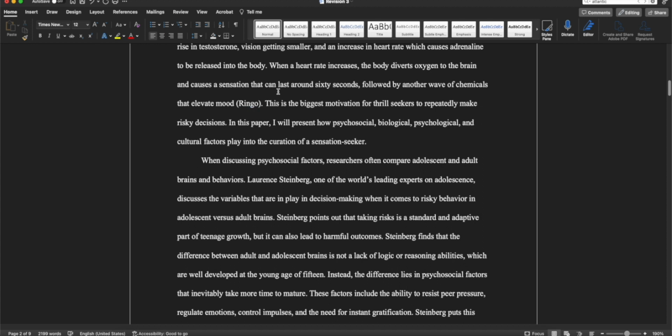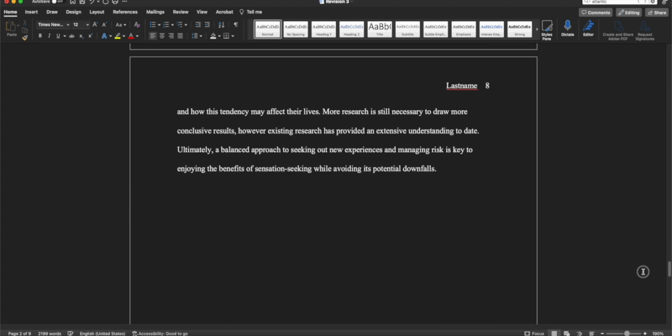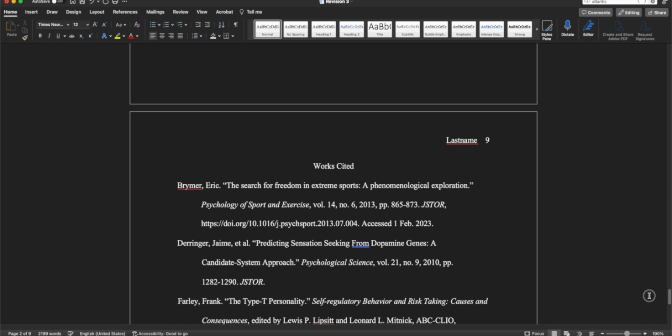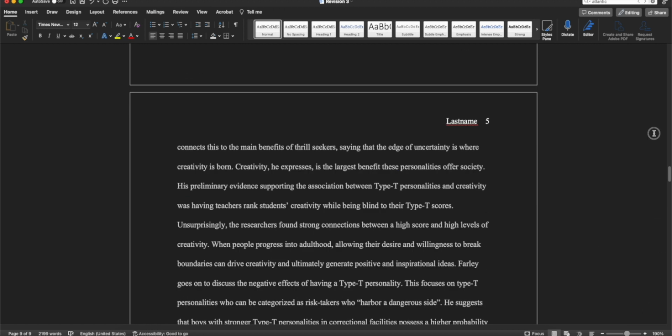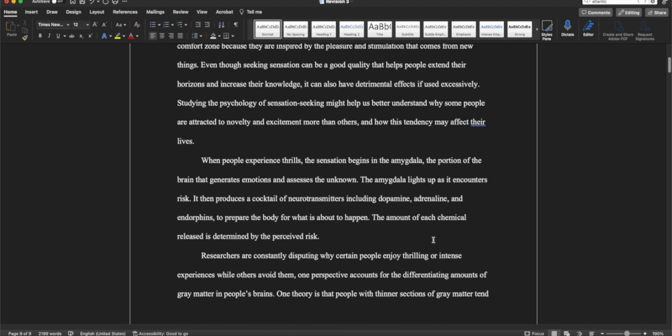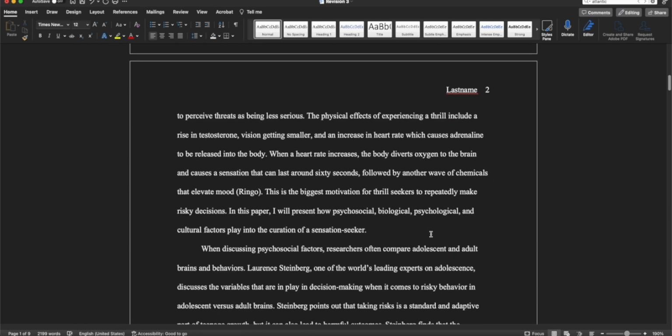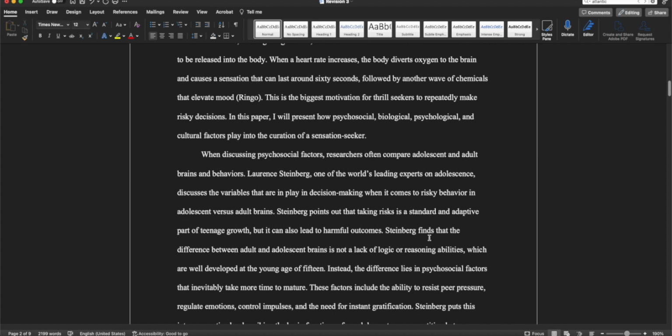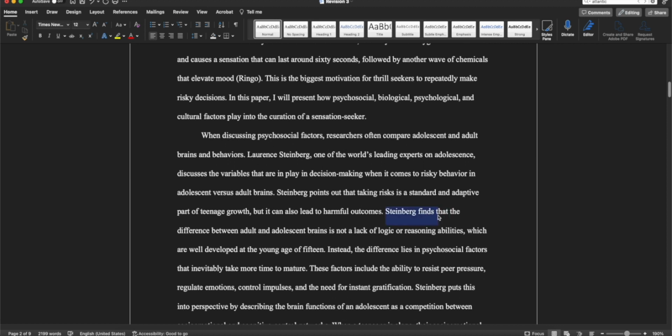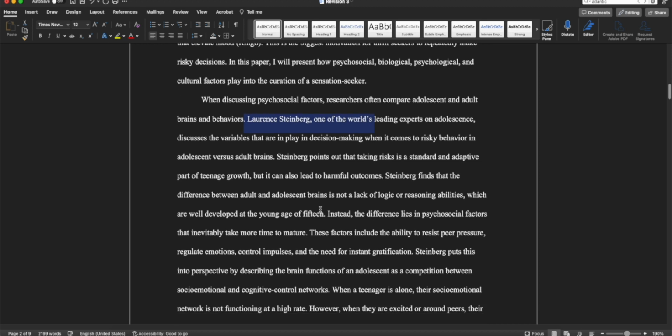So if I were revising this myself, what I would do is I would go back to that original article, find where I was getting this information from, and include the page number there. Not a super important change, but one we're going to make. Okay. So I see one in-text citation. Where's our next in-text citation? We have Steinberg finds. Okay, good.